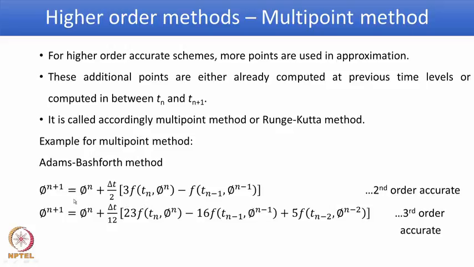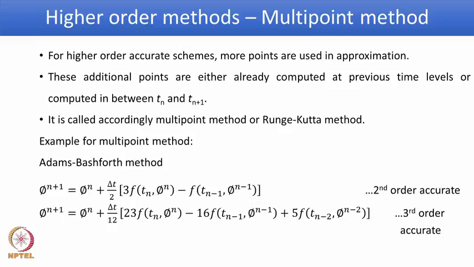So, phi at n plus 1 is phi at n plus delta t by 2 times 3 times the function evaluated at time level n minus 1 times the function evaluated at n minus 1 level. Then this is actually one step, the second order accurate Adams-Bashforth method.